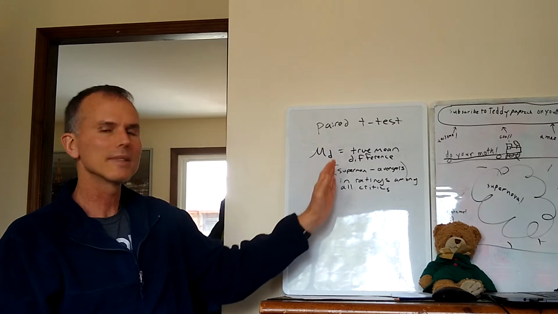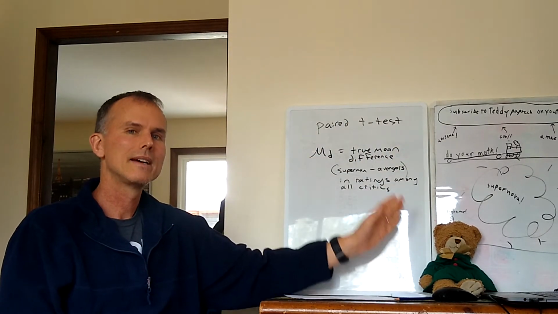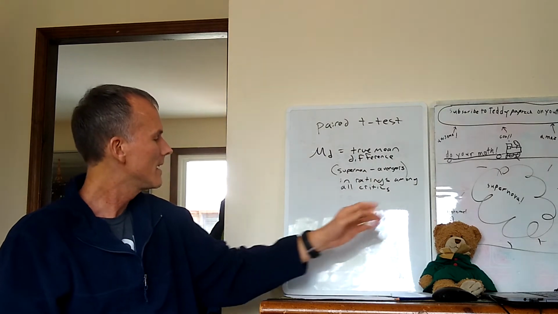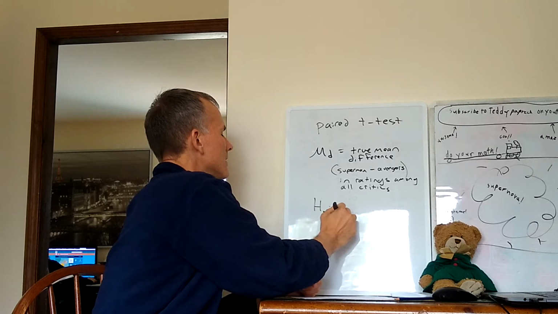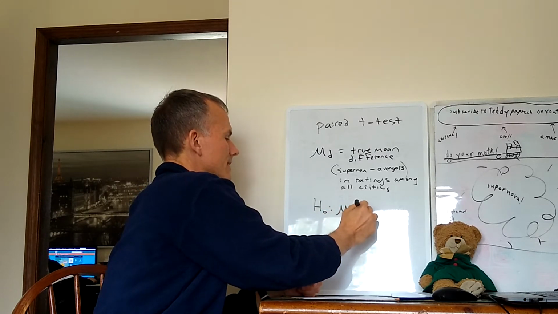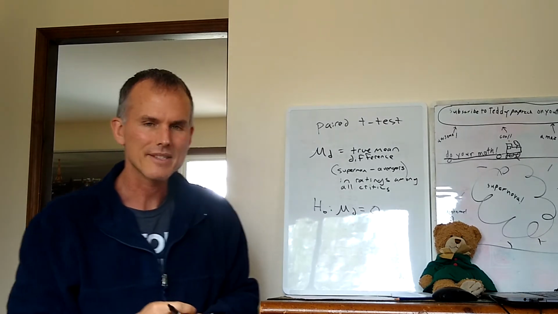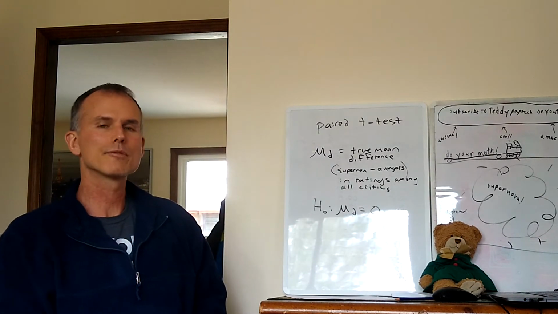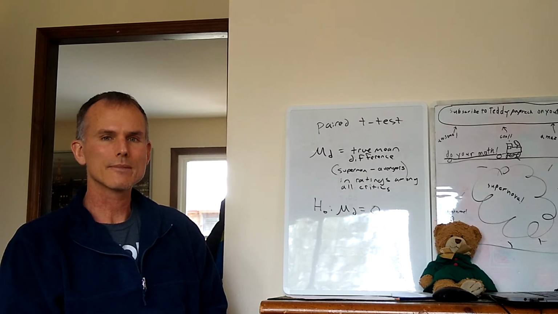Even though we had two lists, remember we use those two lists to create one list, a list of differences. Then our null hypothesis is that the true mean difference in ratings is 0. In other words, the mean difference in the ratings between those two movies is going to be 0.